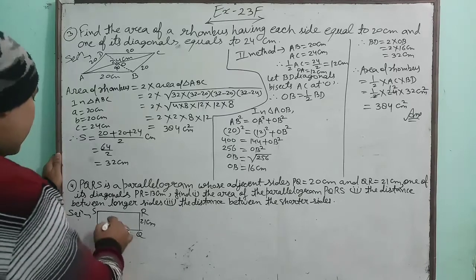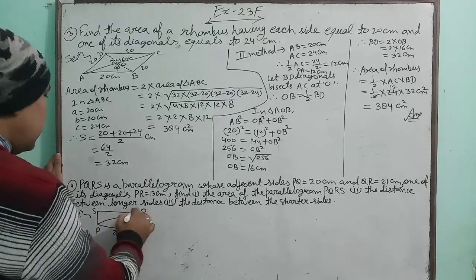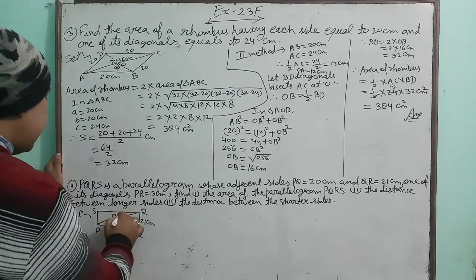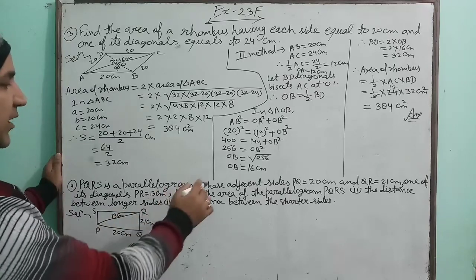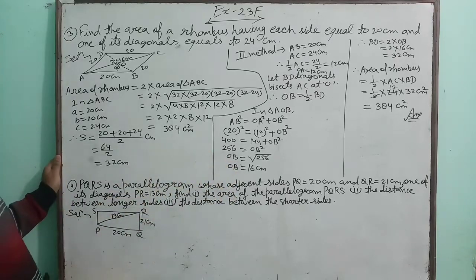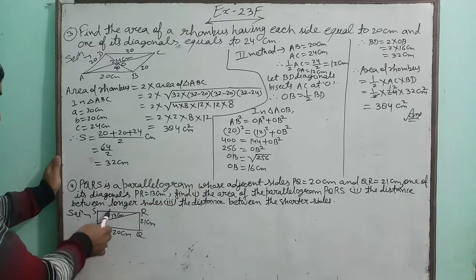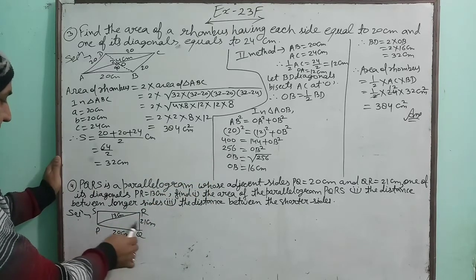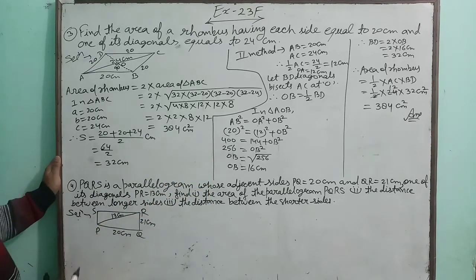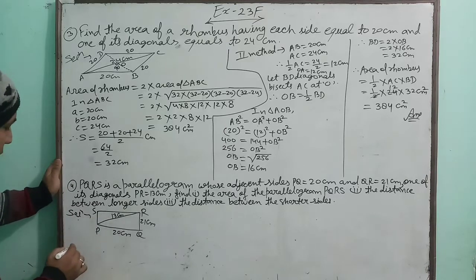And one diagonal PR is 13 centimeter. Then find the first part, area of the parallelogram. Second is the distance between the larger sides, and third, distance between the shorter sides. So see how to solve the first part.